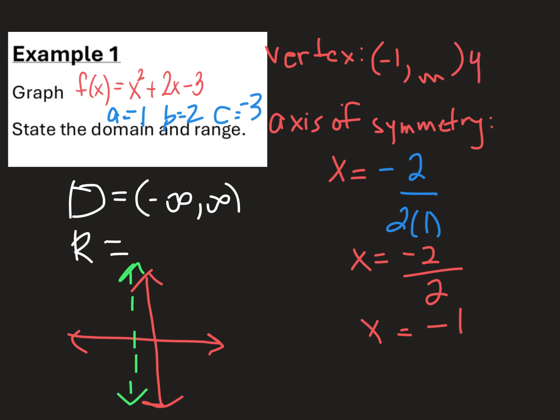So y is going to equal negative 1 squared. I'm substituting into this original equation, negative 1 squared plus 2 times negative 1 minus 3. I don't know if I'll be able to write that so small. Please, pen work.